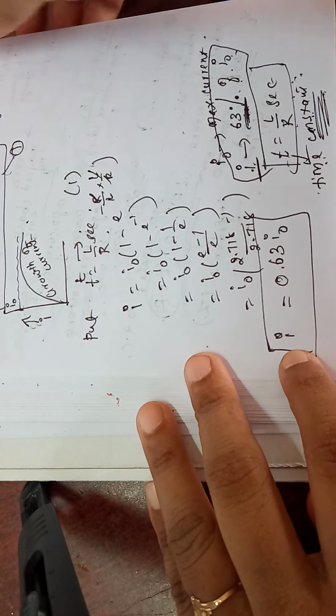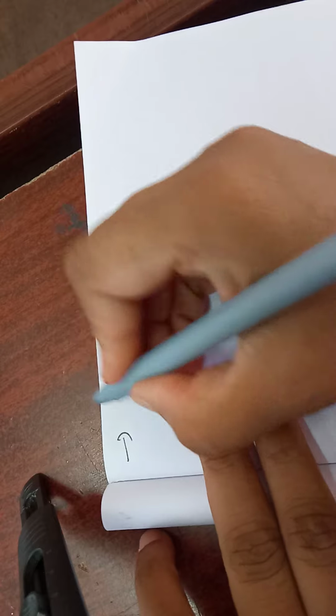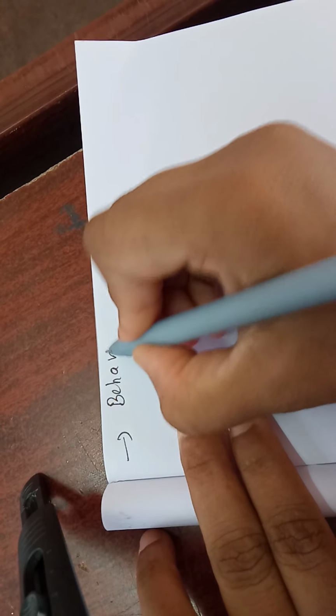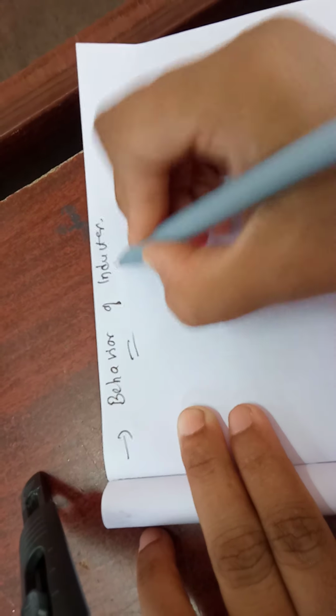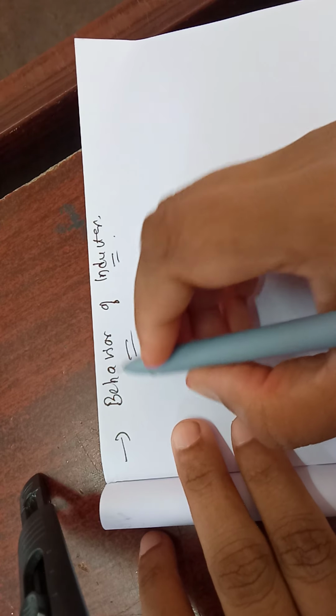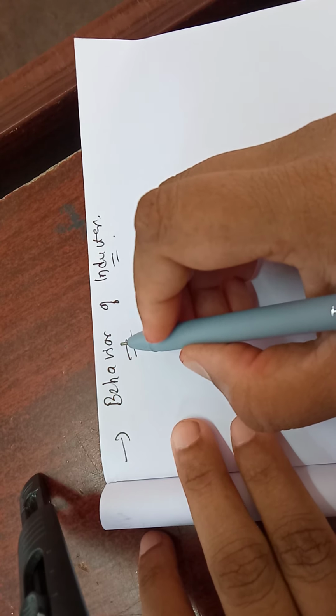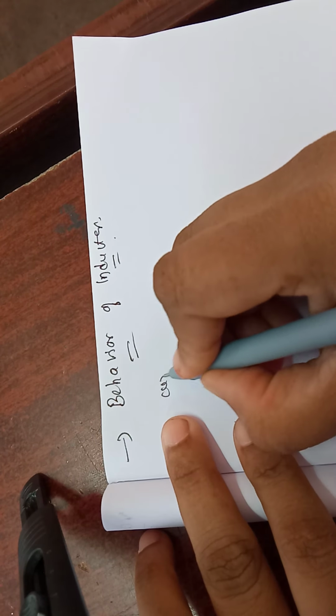Alright. Now, before going for decay, let us see the behavior of the inductor. Two questions which may be useful for your entrance test. One is the behavior of the inductor. In the circuit, we connected the inductor to the battery. What happens?